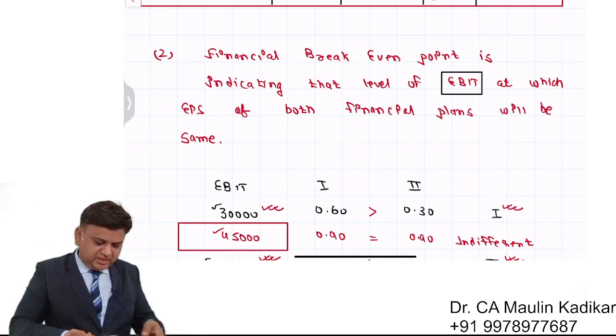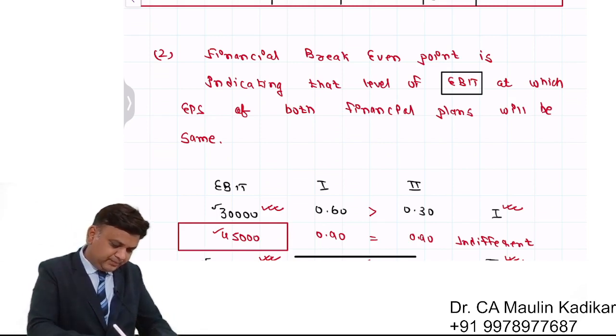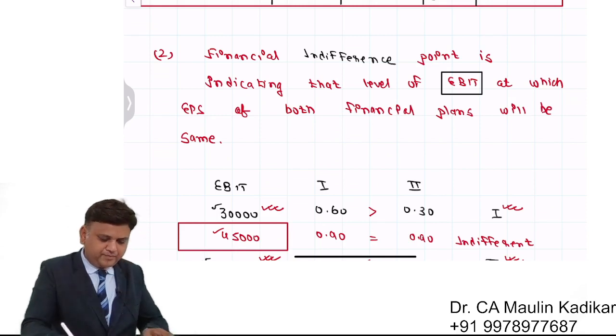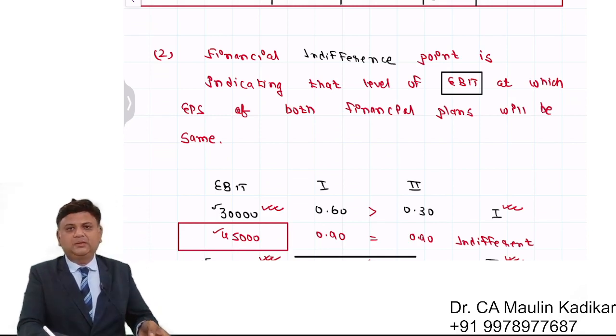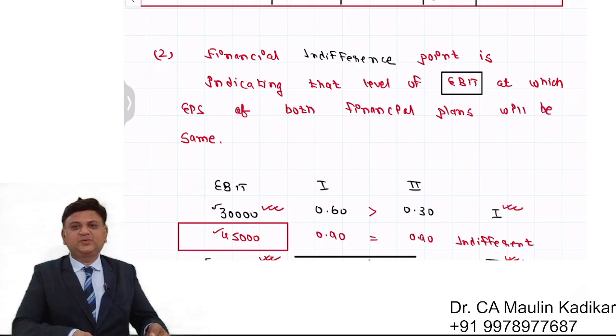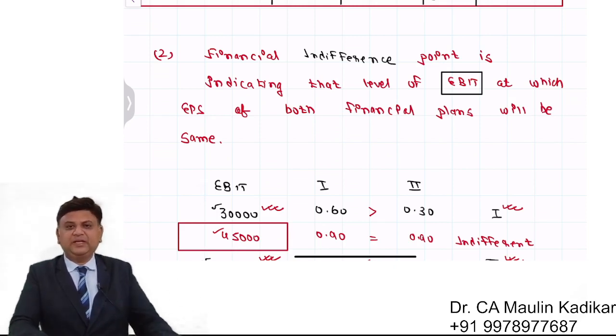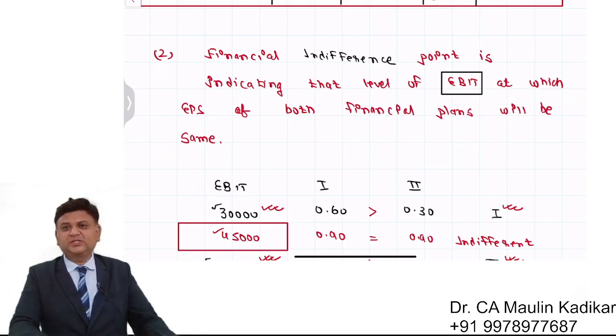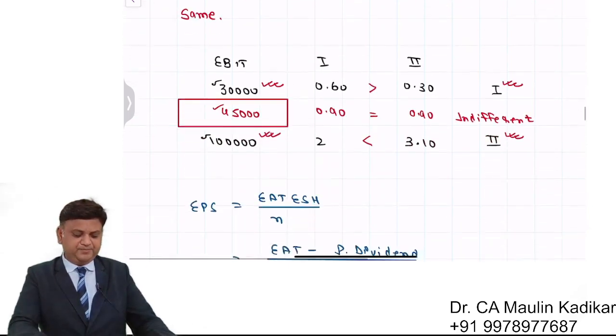Second question is calculation of the financial indifference point. Friends, in the second working, I have made a small mistake. Financial indifference point is indicating the level of the EBIT at which EPS of both the financial plans will be same.